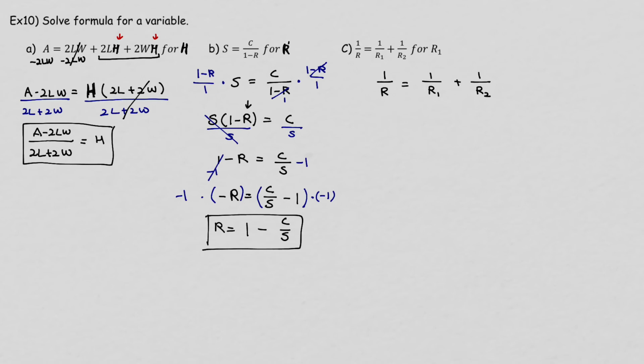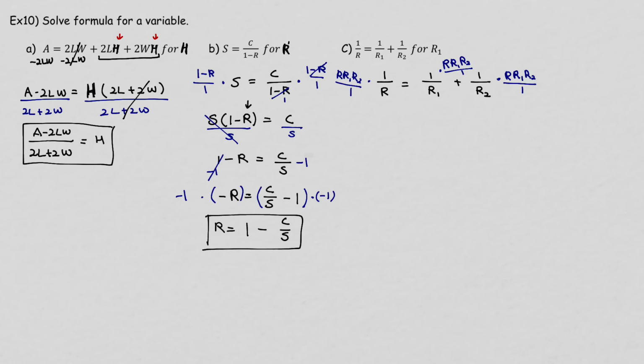In order to get rid of all the denominators, find the LCD, and that's going to be r times r sub 1, r sub 2 over 1. So if we multiply that everywhere, we should get rid of the denominators.